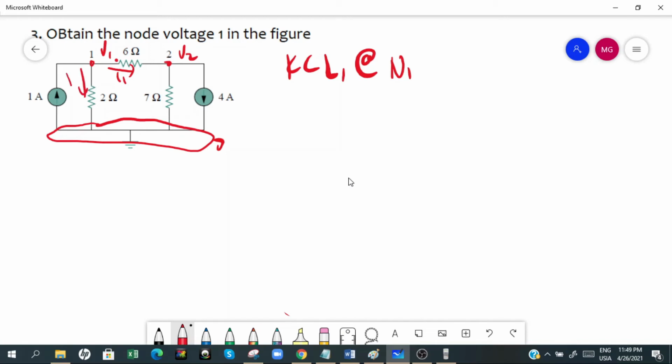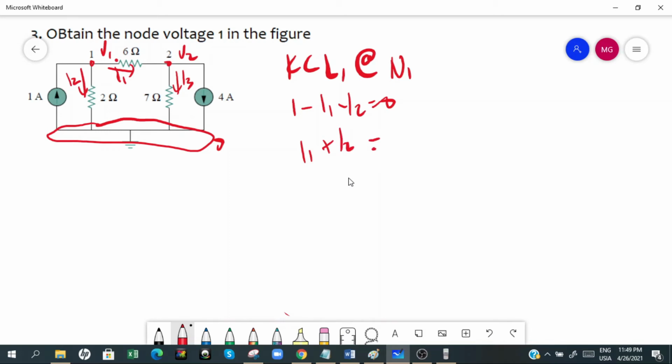Of course this is going down, I2, this is I1, I2, and this one is I3. At node 1, what's coming in is 1 ampere, then I1 and I2 are leaving.